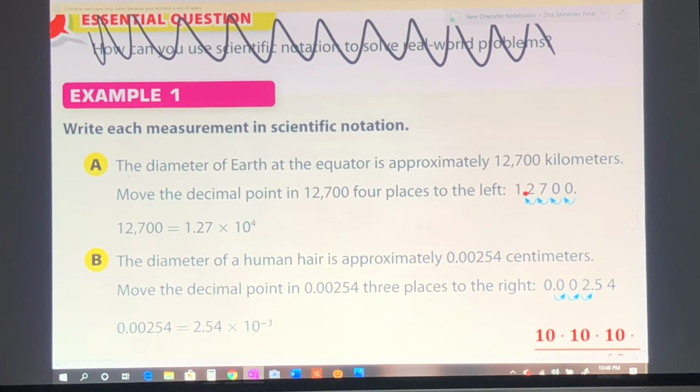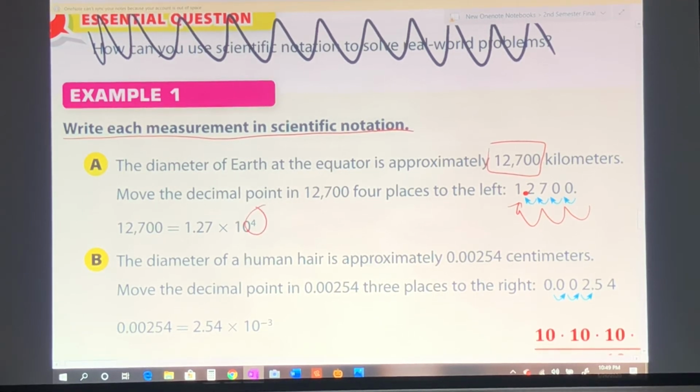Okay, they want you to write each measurement in scientific notation. The diameter of the Earth at the equator is approximately 12,700 kilometers. Move the point 4 places, see the blue arrows, 1, 2, 3, 4, and you have 1.27 times 10 to the how many places? 4th power.